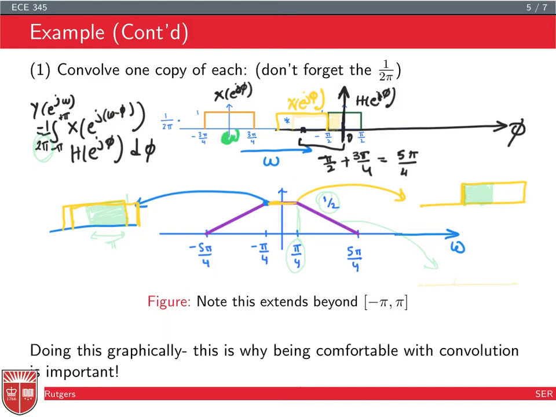So the convolution is this, and the more you move in the plus infinity direction, the more the overlap decreases, and this is why the value is decreasing. All you need to do is realize that the value is 1/2, and compute when these corner cases happen. Then you know the points.